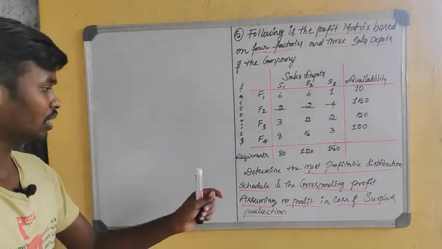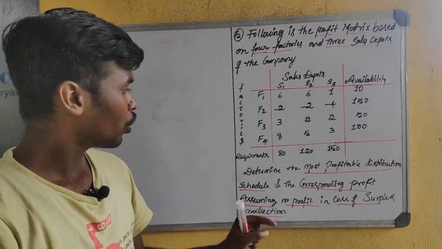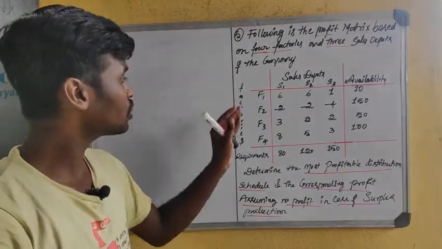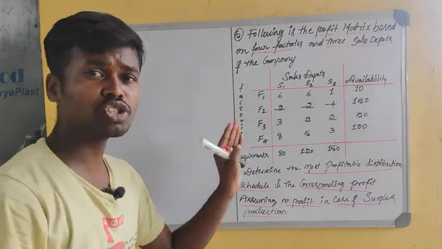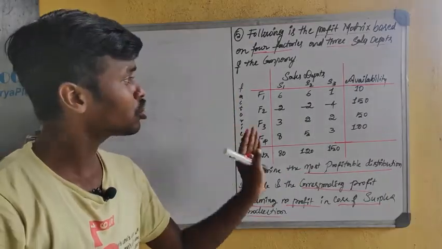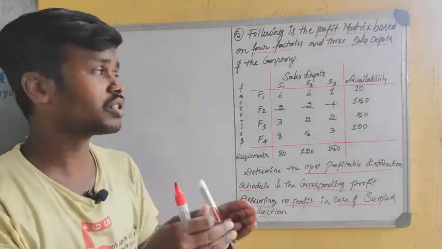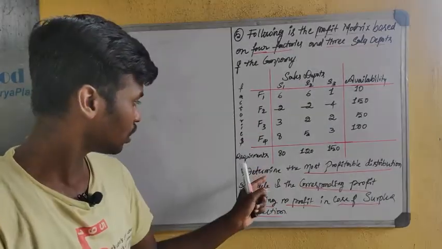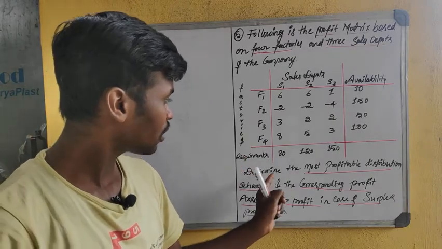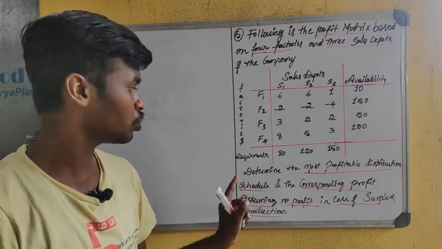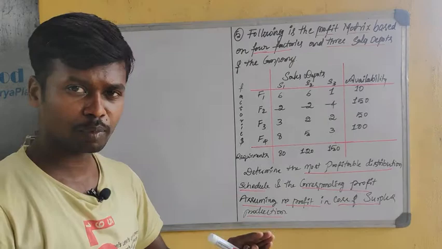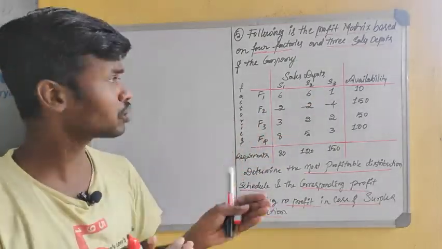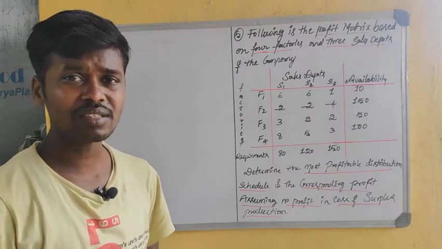So they are telling us to calculate the most profitable distribution, that is which factory will distribute its products to the sales depots. That is what we have to determine: which factory will supply its quantity, that is its goods, to the various sales depots.